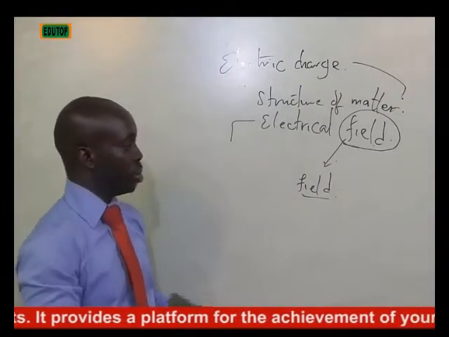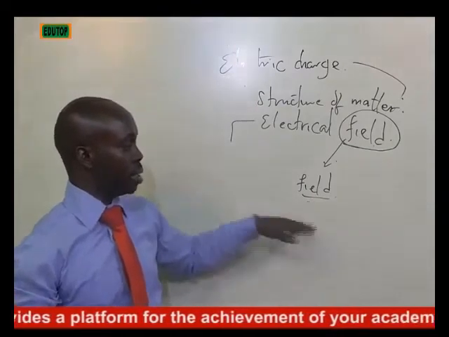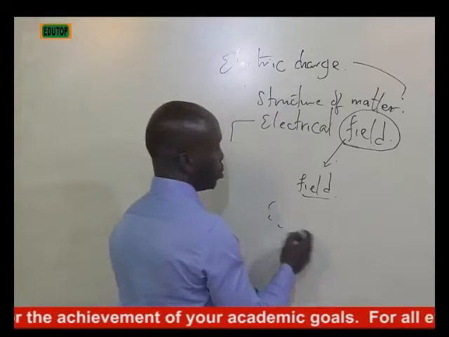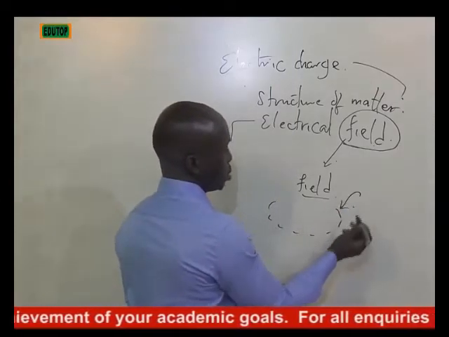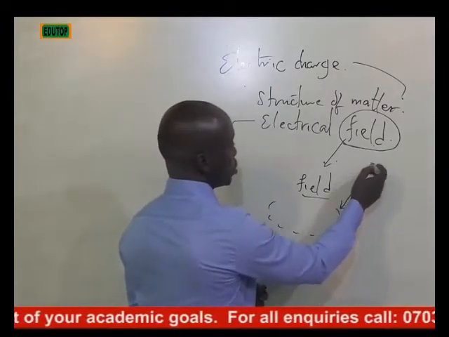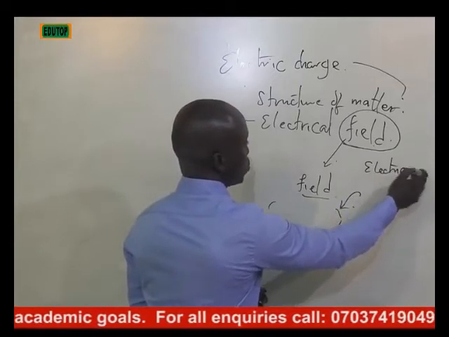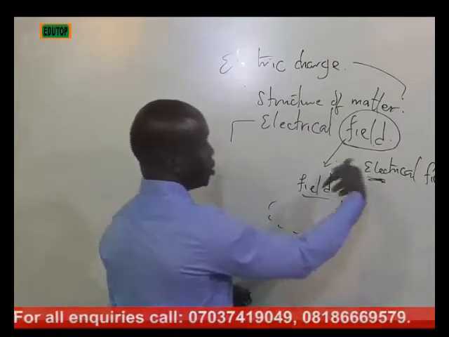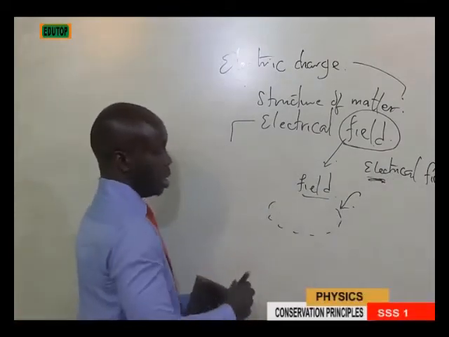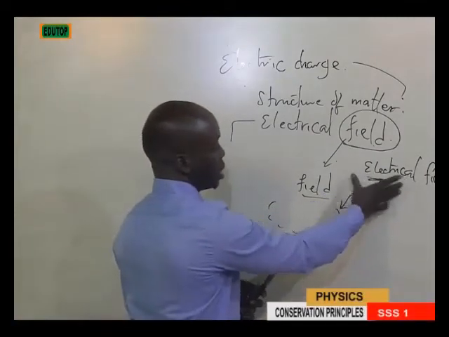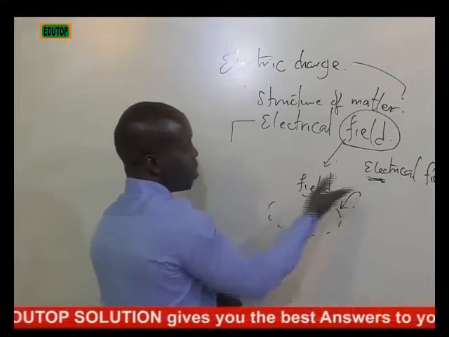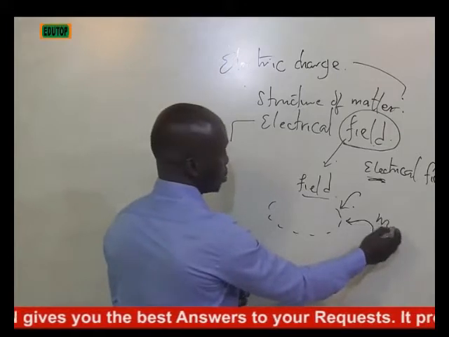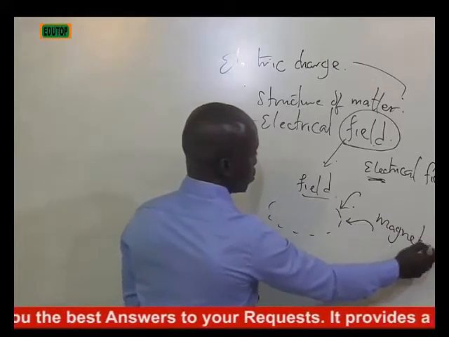We said a field in sciences or in engineering means a particular region where, if it is an electrical field for instance, electric charges are experienced. The particular region where the movement of electric charges is experienced is called an electric field.